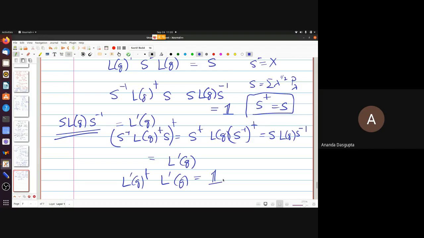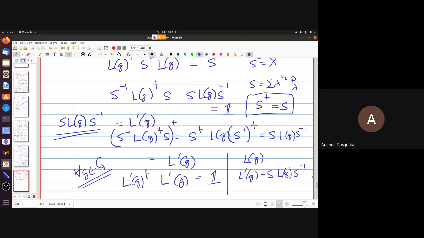Remember, this works for all G. So for all G, you have now found a new representation. You started with a representation LG, which was not necessarily unitary, but now you have this new representation L prime G equal to S LG S inverse, and L prime G is unitary for all G.